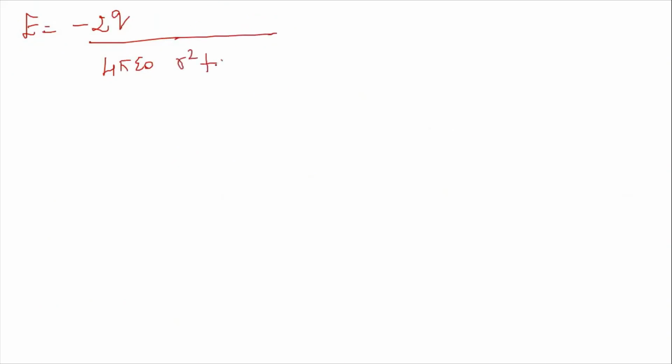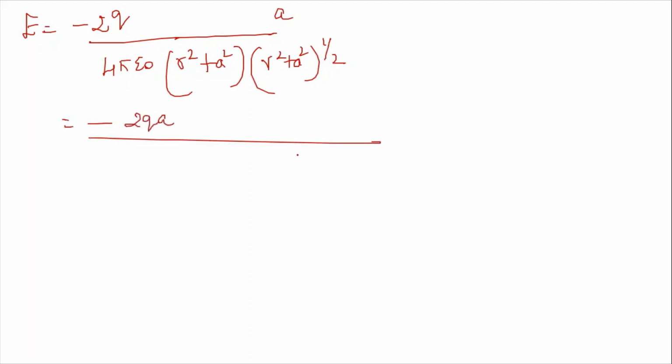R square plus A square. Now cos theta value is A by R square plus A square, the whole power 1 by 2. So what is 1 plus 1 by 2? 1 plus half, right? It is 3 by 2. So now this equation will reduce to minus 2qa divided by 4 pi epsilon naught R square plus A square, the whole power 3 by 2.